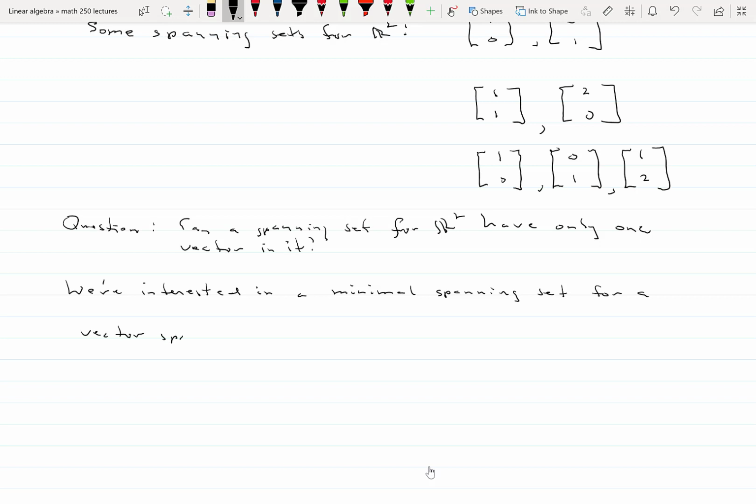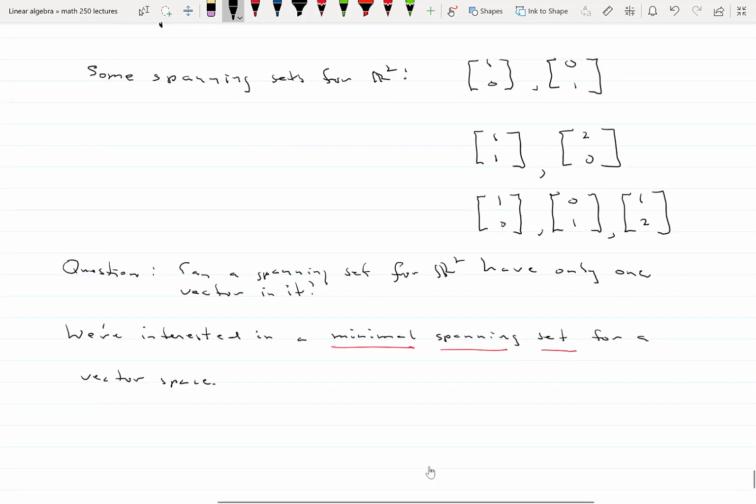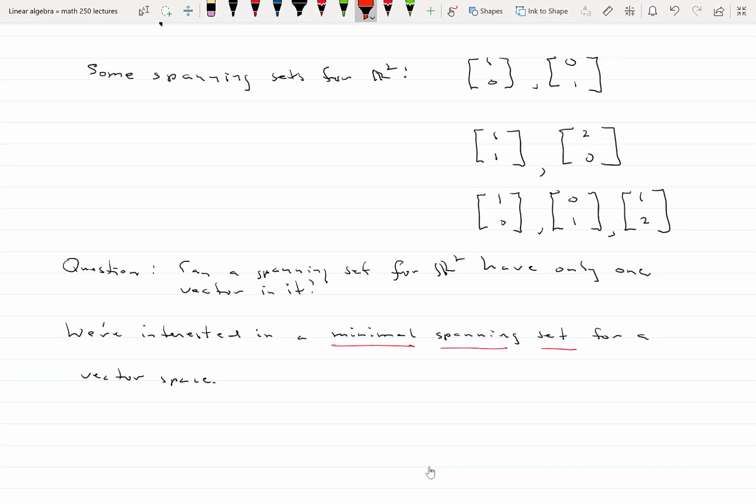And what we mean by a minimal spanning set, this is a huge deal for us, is we're looking for a spanning set of minimal size. What that means to us right now is the third spanning set that I introduced is not a minimal spanning set, because there are other spanning sets that have fewer vectors in it, namely two vectors. And then there's my question: can we do better?